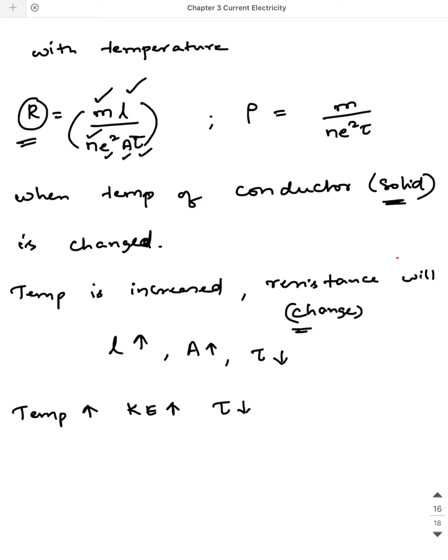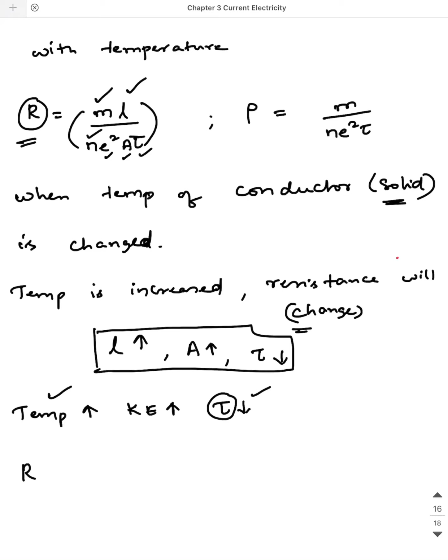So that is why we are saying the relaxation time is going to decrease. So temperature increases, relaxation time will decrease. So since all these three parameters are changing together, for a solid conductor, resistance will increase with temperature and resistance will decrease with temperature. Meaning temperature increases, resistance will increase, temperature decreases, resistance will decrease.